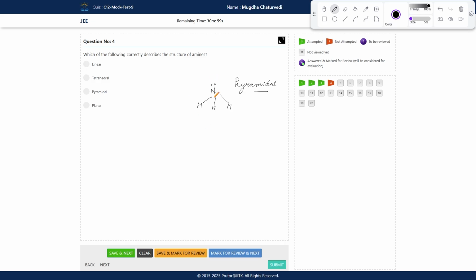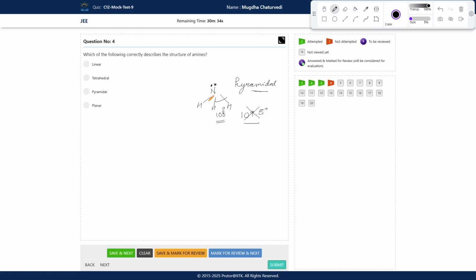Usually you may feel it is tetrahedral, but because of the presence of the lone pair, it is pyramidal. The bond angle of a tetrahedral is usually 109.5 degrees, but in amines this is not the bond angle. The bond angle is slightly less, around 108 degrees.